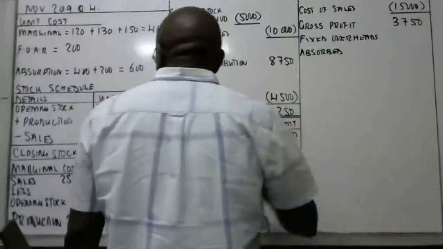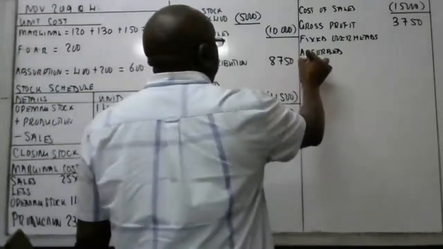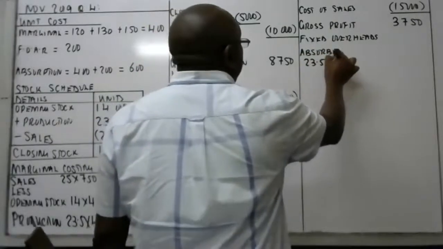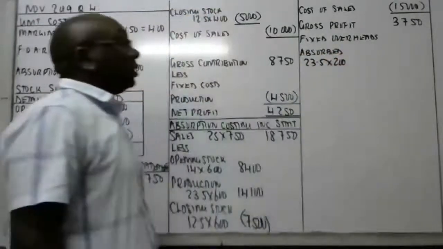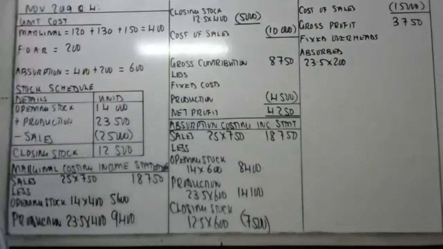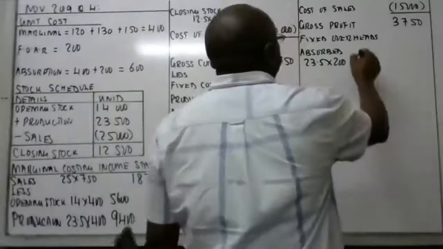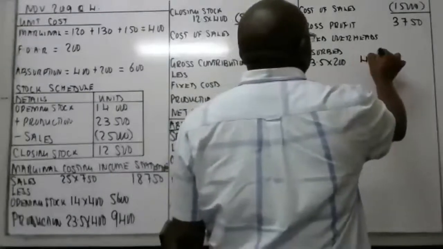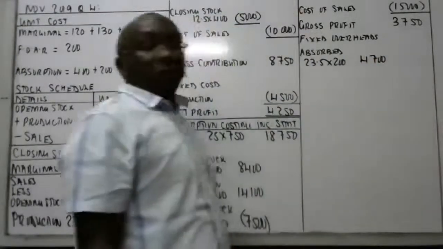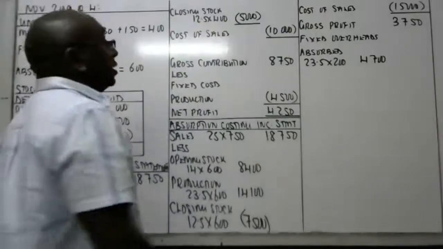You multiply by the units produced. That is 23.5 times 200, which is the one Jamal has already given me as 4,700.